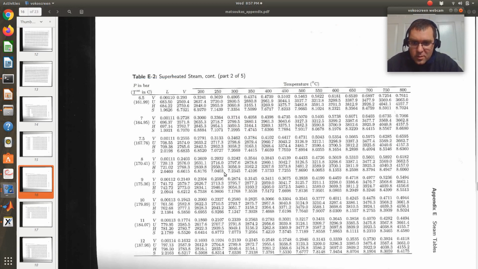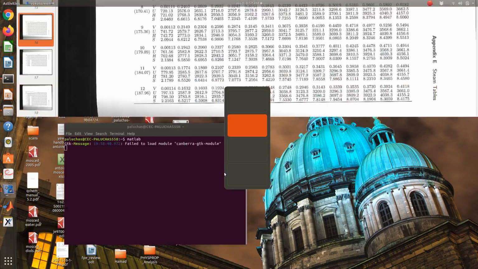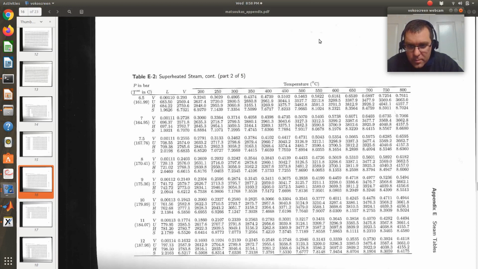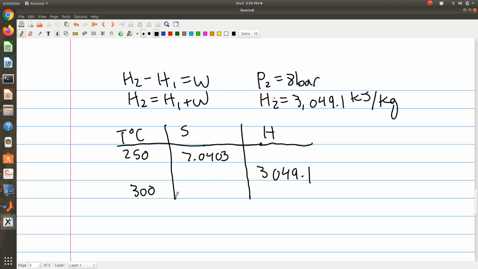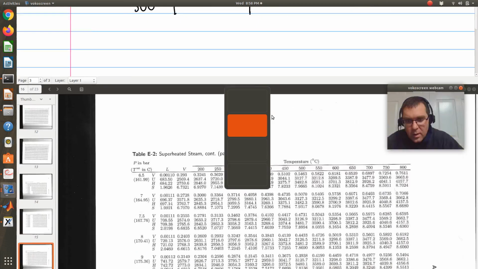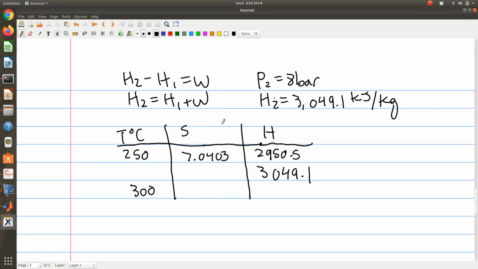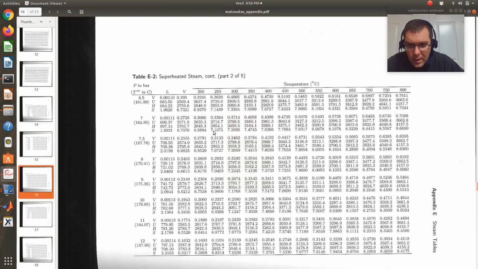S was 7.0403, H was 2950.5. At 300, S was 7.2345 and H is 3056.9.